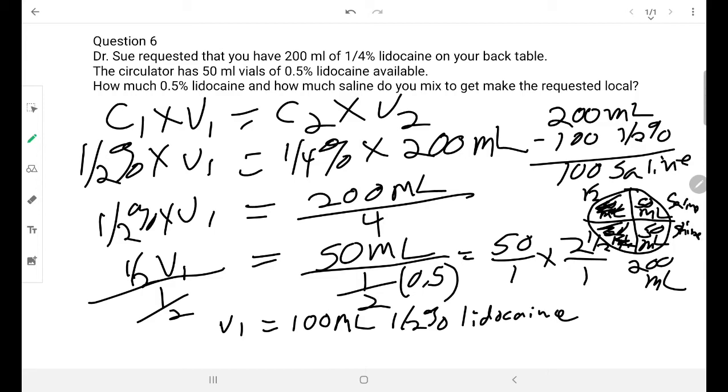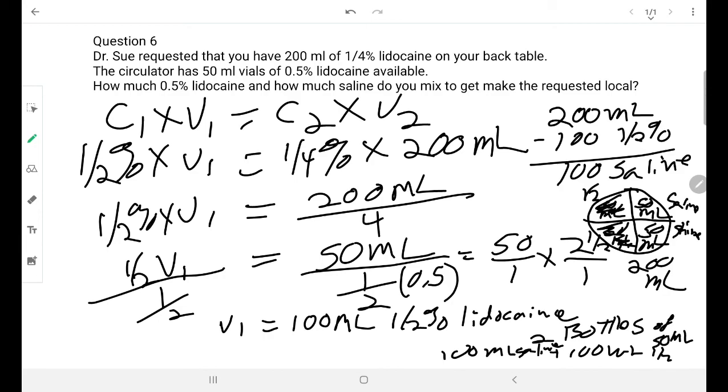All right, since we have this in 50 milliliter bottles and we need 100, we're going to need 2 of those bottles of 50 milliliters, and that's going to give us 100 milliliters of 1/2 percent that we will add to 100 milliliters of saline.